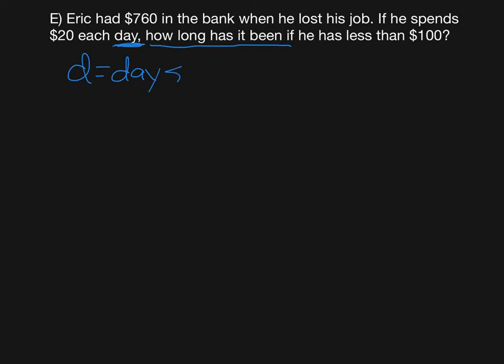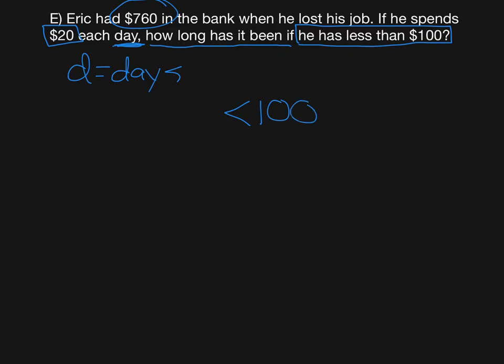Now, in our problem, it says that he has less than $100. That's important. I'm going to put a box around that. We know he had $760 in the bank, and we know that he spends $20 each day. That's all going to be important. Now, I know he has less than $100, so I'm going to start off with that.